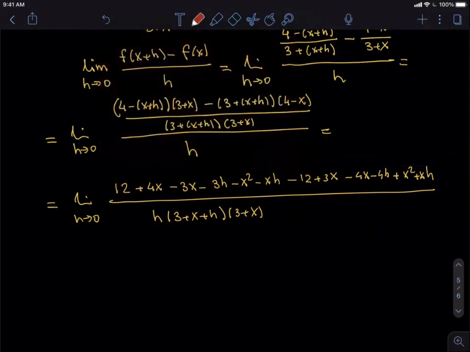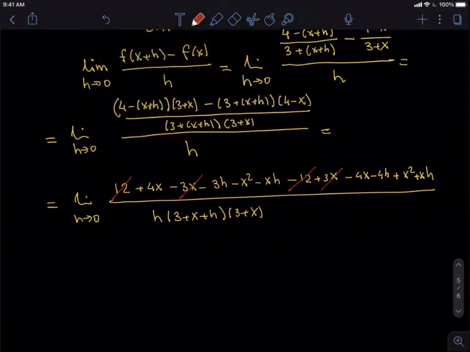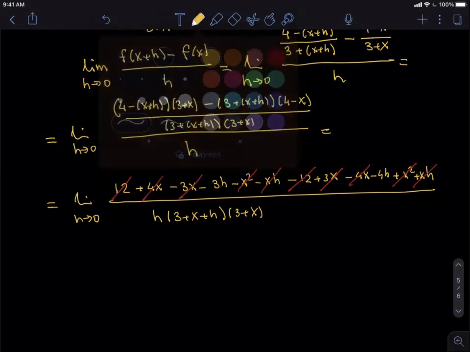So we have 12, negative 12. We have, well, let's use the red, 3x, negative 3x. We have x squared, negative x squared, negative xh, xh, 4x, negative 4x, and that's it. We are left, that was a lot of simplification.